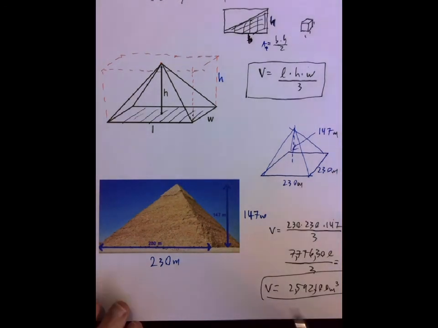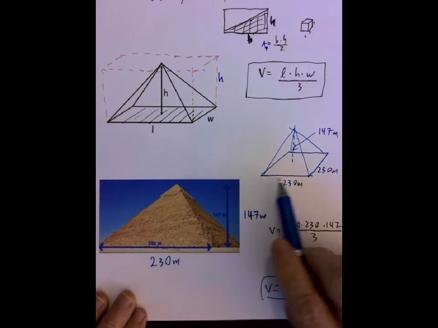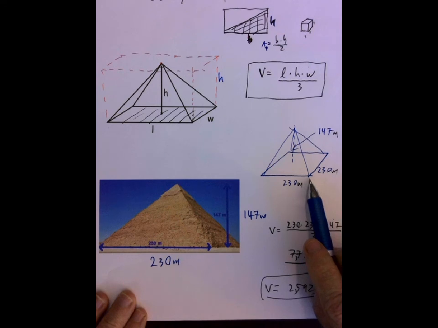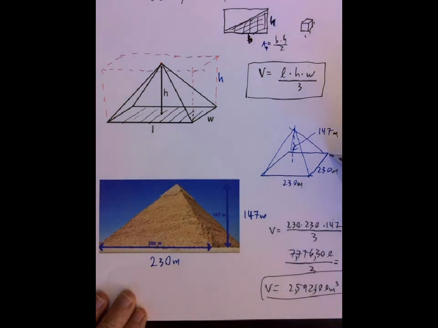But in any case, to find the volume of this, we'd multiply 230, one width, times 230, the length, and then times 147, the height. I did this on Mr. Calculator, 7,776,300, but then we divide by 3.